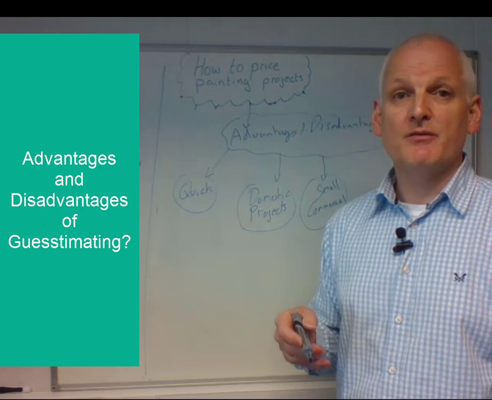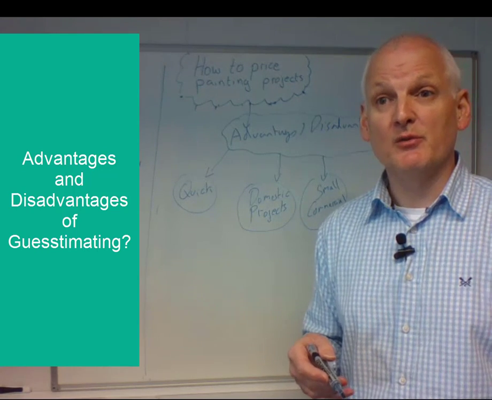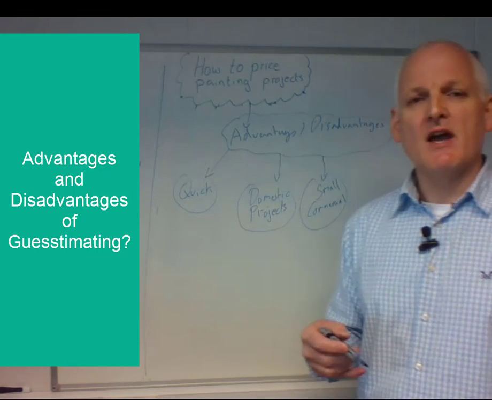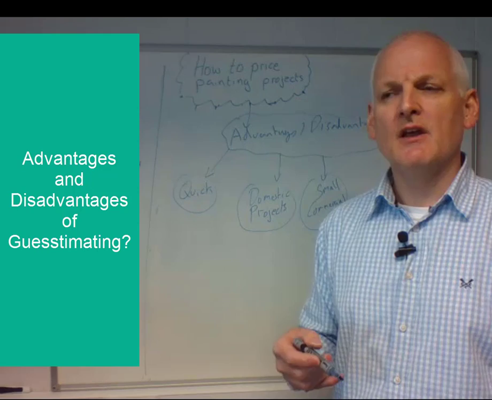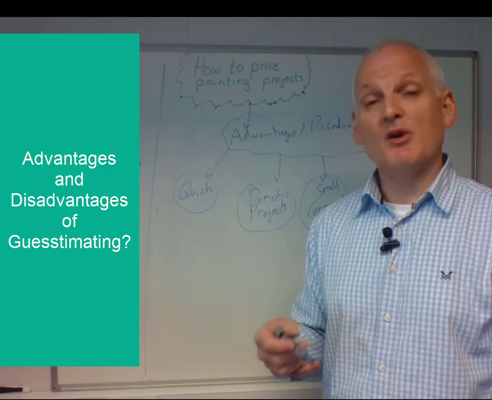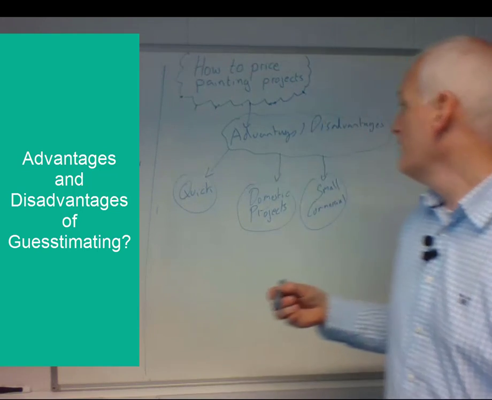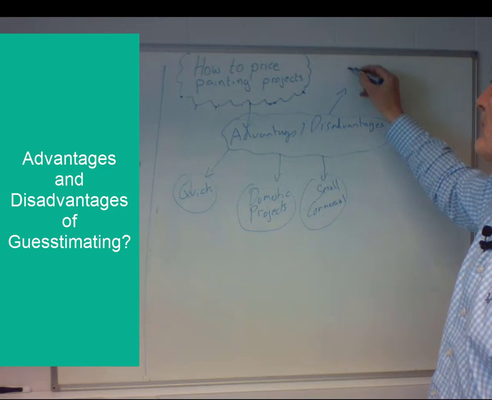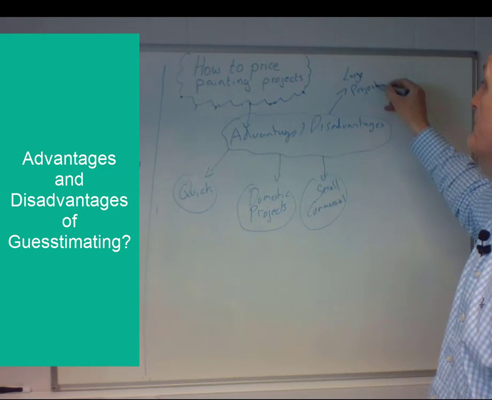Equally, you could be far too low, in which case, yes, you'll secure the works, but you'll be working to a loss. And the problem is, the bigger the project, the more complex the project, the more the eye is deceived. And you're generally deceived into thinking the project's smaller than it actually is. So you generally tend to underestimate. So the disadvantage to this is large projects. It's a no. You can't use it.